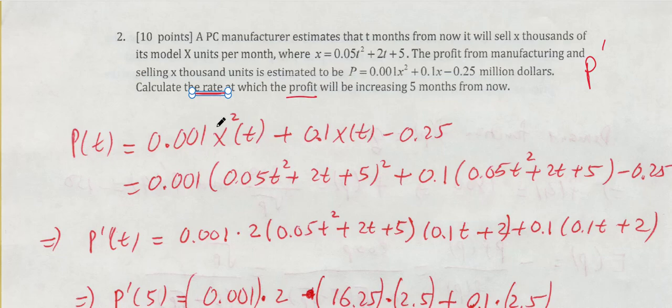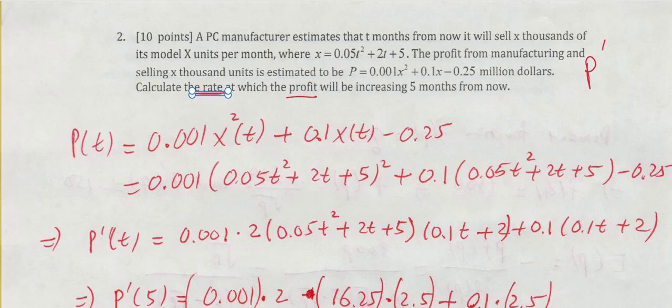And now, everywhere I see the x, I have to go back to the definition for the x, which is 0.05 t squared plus 2t plus 5. So x squared, which is that whole thing here, squared, plus 0.1 multiplied with x of t, and x is again this function right here, and then minus 0.25.